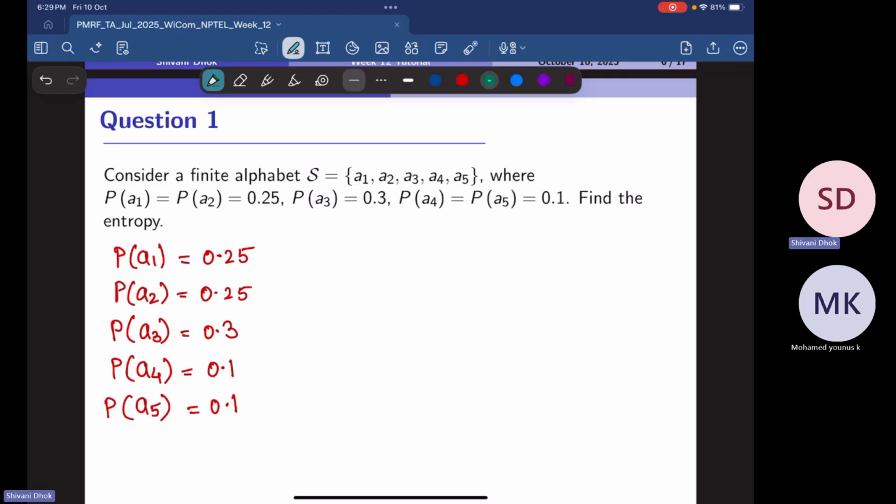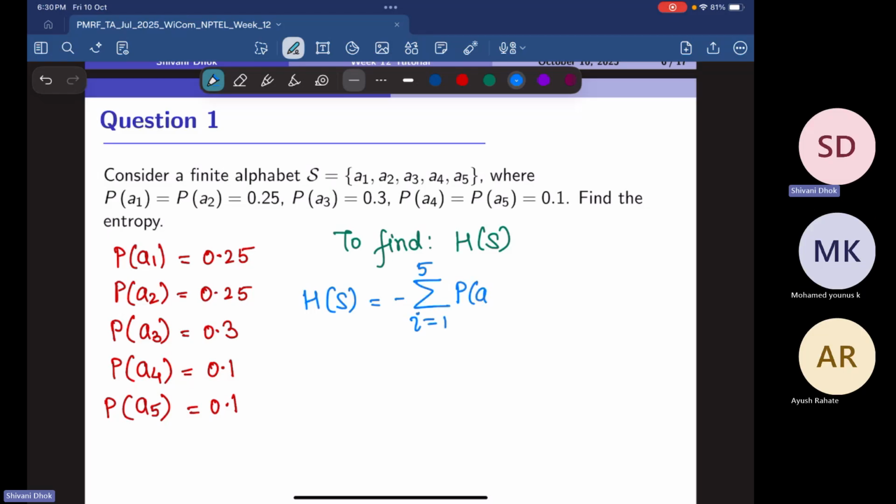So we want to find H of S. By definition, H of S is given by minus the summation from i equal to 1 to 5 of P of Ai into log to the base 2 of P of Ai. This is what we need to find out. So now we'll simply substitute those values.